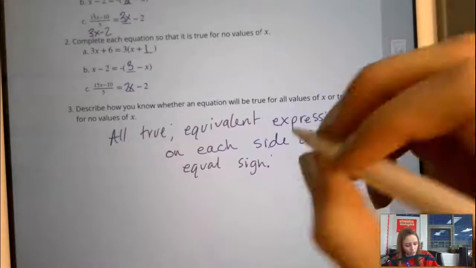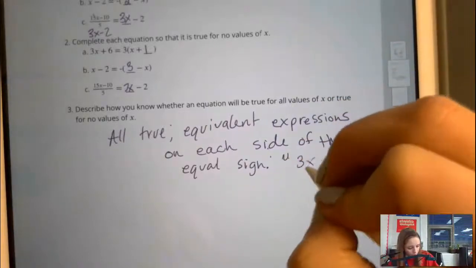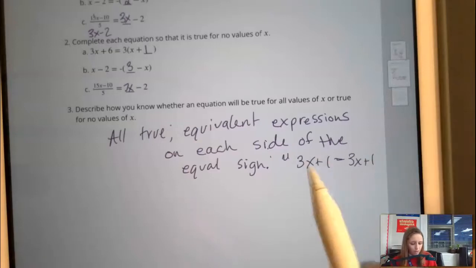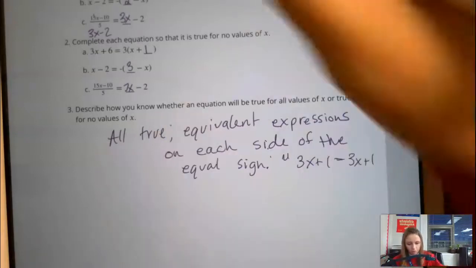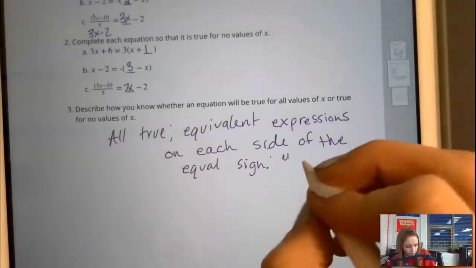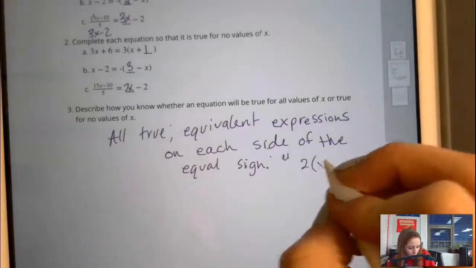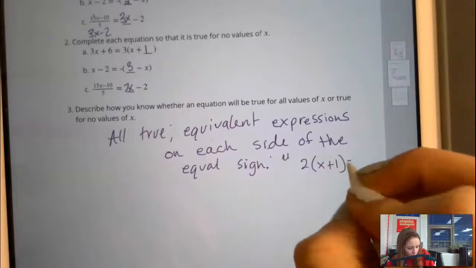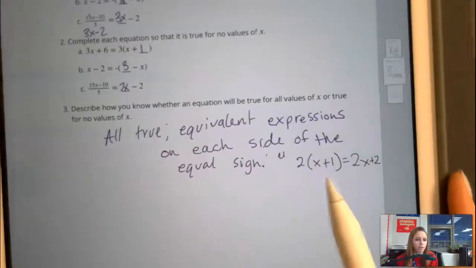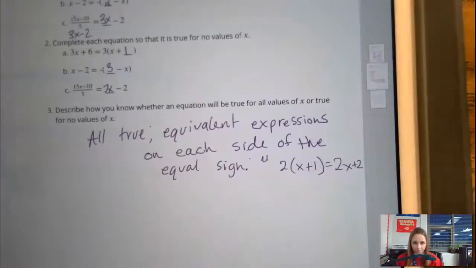So for example, we could have 3x plus 1 equals 3x plus 1. They are equivalent, or let's do a better example. We could do 2 parentheses x plus 1 equals 2x plus 2. They look different, but they are ultimately equal.